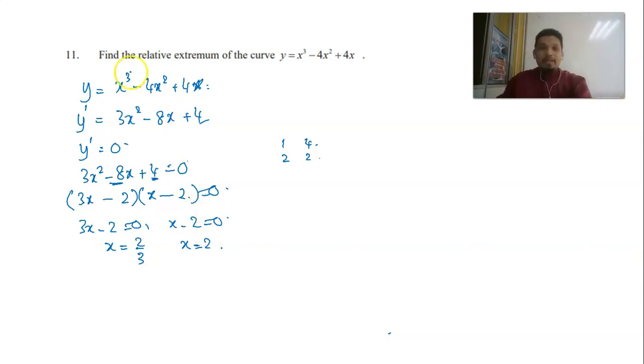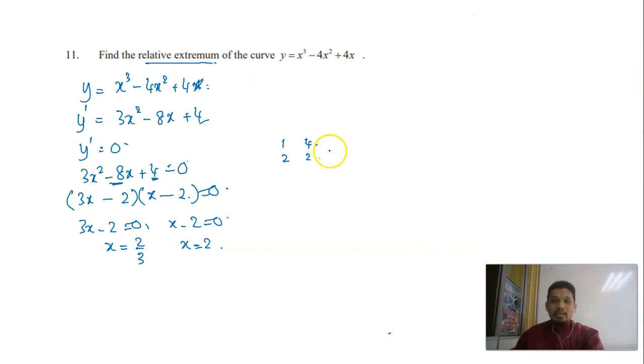Okay, find the relative extremum. We can use the first derivative test or second derivative test. In this question, it is not mentioned whether to use the first derivative test or second derivative test, so we may use any of the methods. Okay, I'll show you both. First derivative test from here. Okay, we use a table.